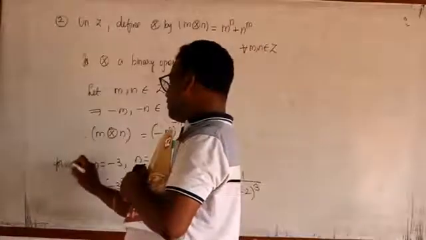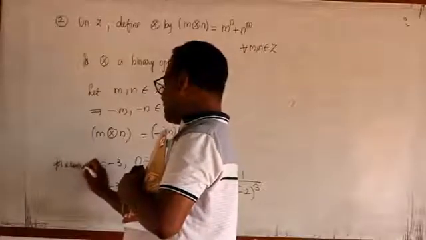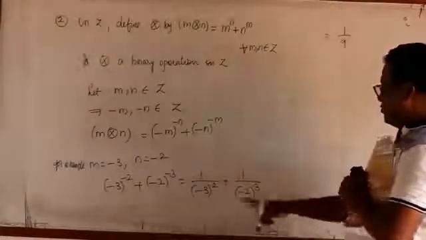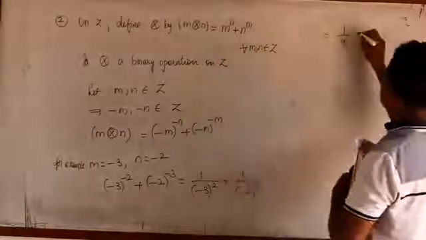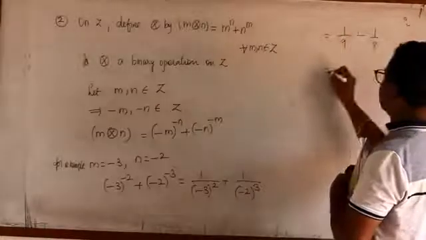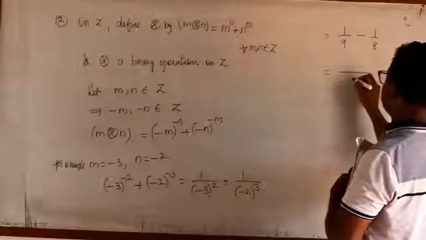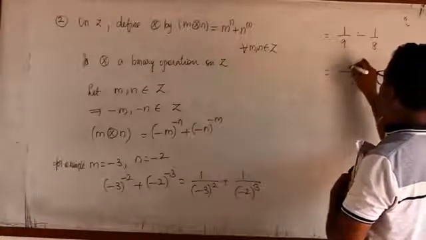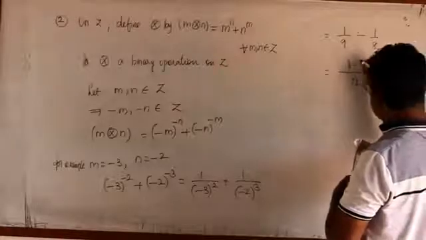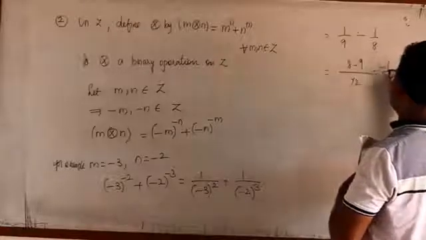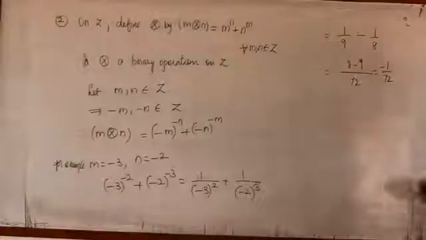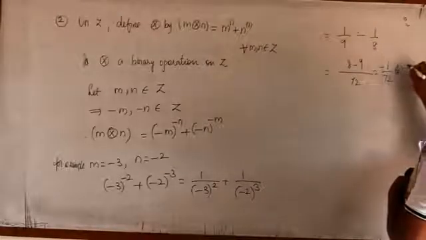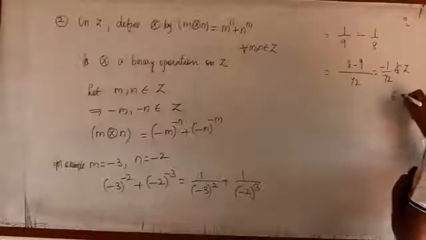You don't need to write it in the exam. Just listen. It is 1 by 9, no problem, because it is a square, whereas it is minus 1 by 8. When I go for LCM, 9 8s are 72. Then it is 8 minus 9, minus 1 by 72. Now it is a fraction I am getting, which does not belong to Z. It belongs to Q only.